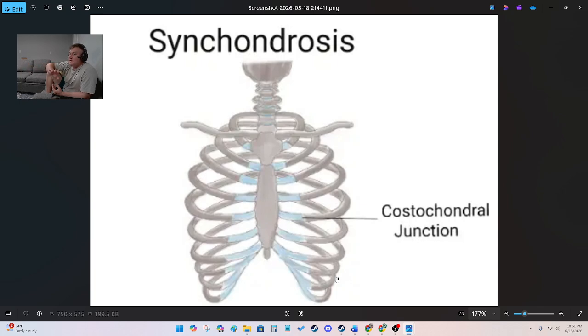Okay, costochondral junction. Cost, I believe, is rib, and then chondro is cartilage, and it's the junction between the rib and the cartilage.